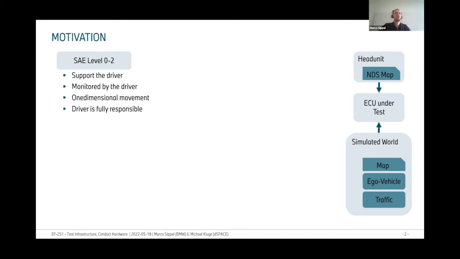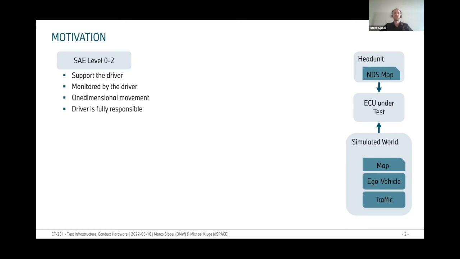So in difficult situations, the function could just shut off, and therefore it doesn't need to be as highly sophisticated as for higher levels. You only have, in most cases, one-dimensional movement, so you only need limited information. For example, if you see no lane on the left, then you just won't activate the lane change. And the driving function is always able to switch off.